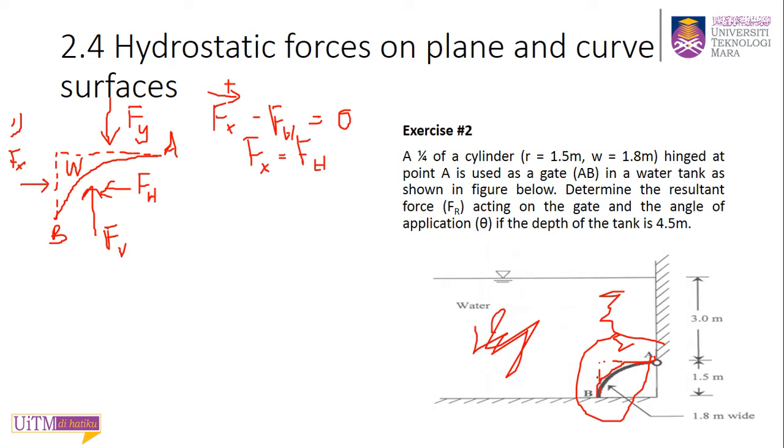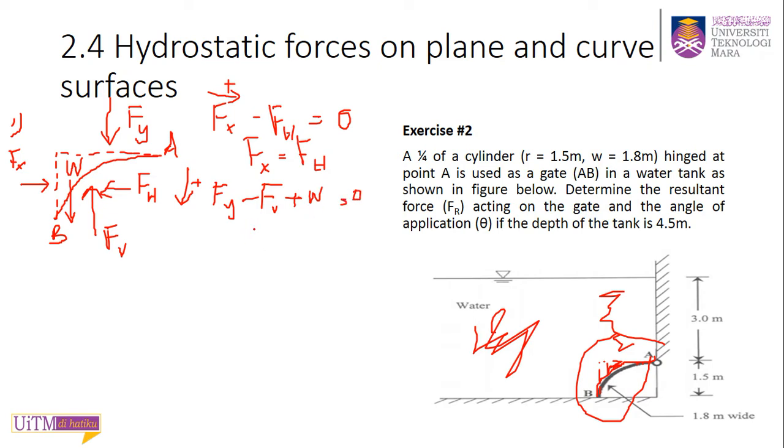Since the water is only above the curve, not below it, W is here, always pointing downwards. So in the vertical direction, if you take downwards as positive, Fy minus Fv, because Fv is against that, plus W, because it is in the same direction as Fy, equals 0.